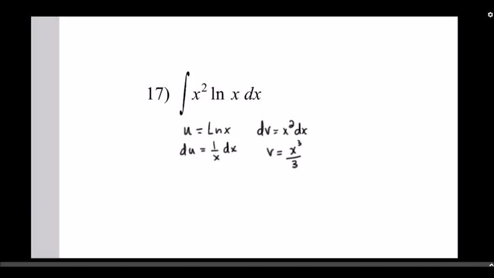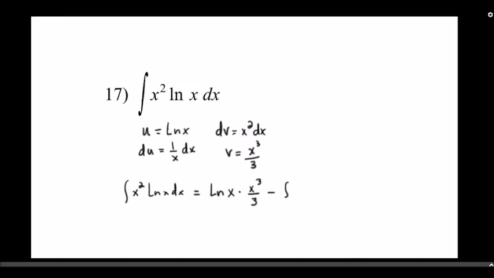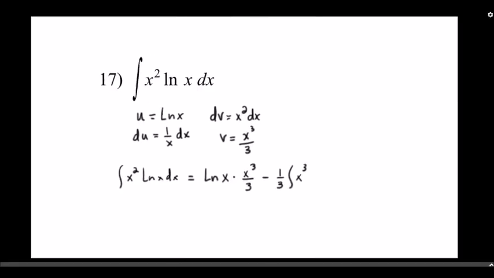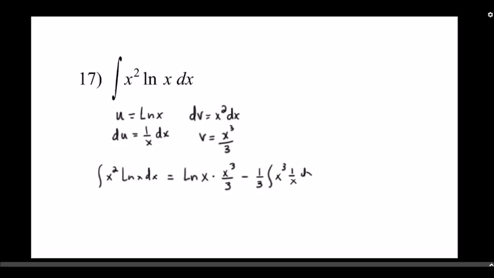So we've got all the pieces. We've got u and our dv. So the antiderivative of u times dv is u times v minus the integral of v, and this x cubed over 3 is really just 1/3 x cubed, so I'm going to pull the 1/3 out and have the x cubed, and then times du, which was 1 over x dx.